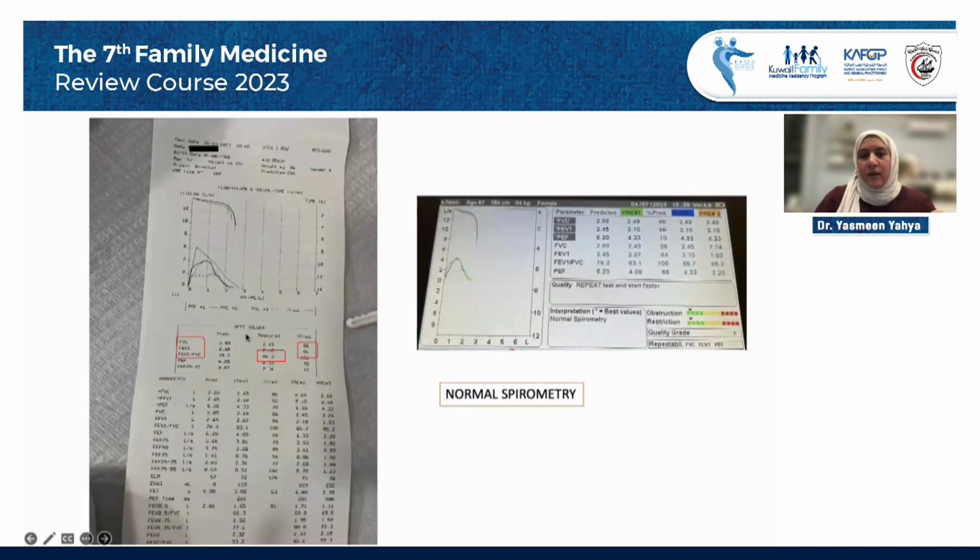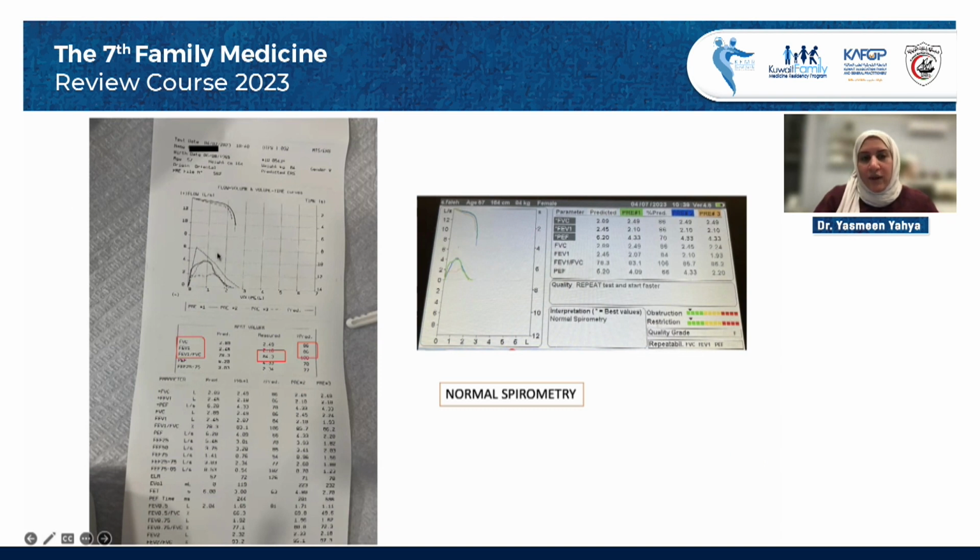So this is what we usually get. This is actually from our clinic in primary care, the spirometry machine that we usually get from the company we arrange for in the asthma clinic. And you can see that it has a lot of numbers.